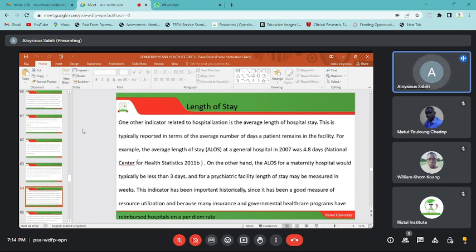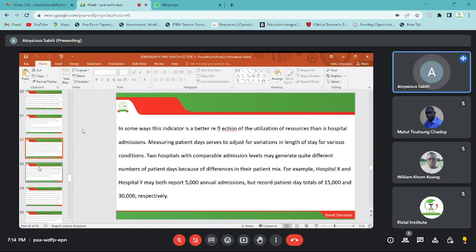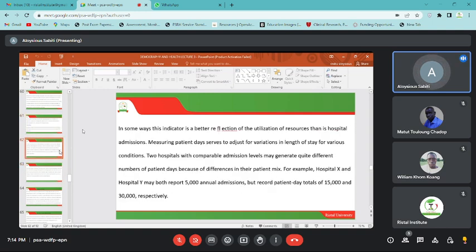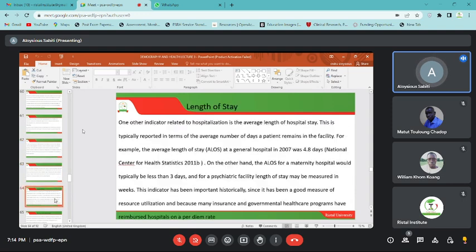When we're looking at patient days, we are looking at this patient spent 8 days plus the other patient spent 20 plus the other patient spent 30. That is what we're talking about in patient days.